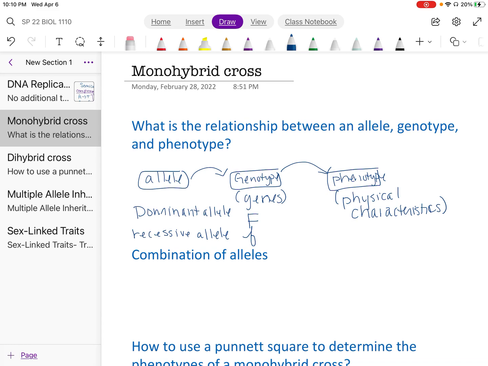In this case, capital F is going to mean that if you have that allele, you're going to have freckles. And if you have two recessive alleles, then that means that you're going to have no freckles.